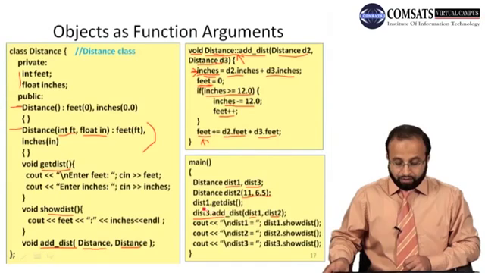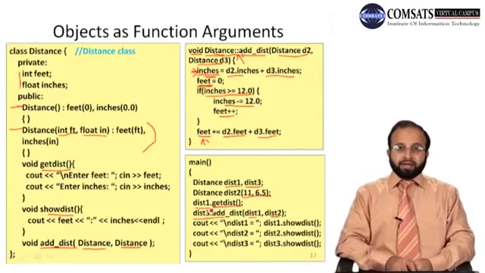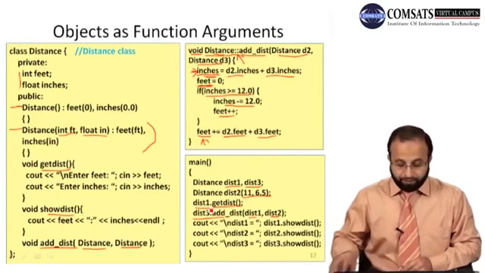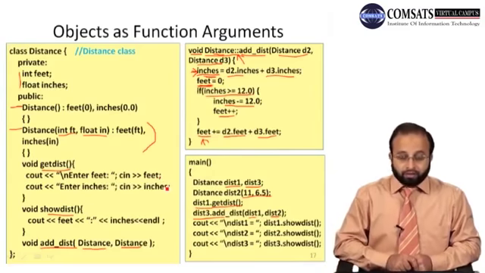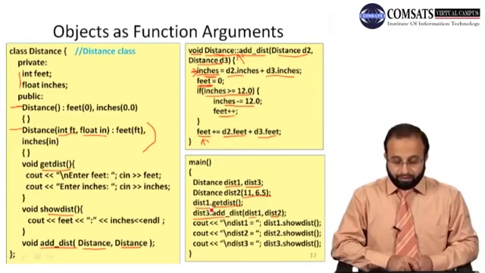And then we are calling getDest function with dest1 object. So dest1 object के feet और inches getDest में directly accessible होंगे. So getDest में आपने feet और inches में input ली user से और वो dest1 के feet और inches में assign कर दी, right.